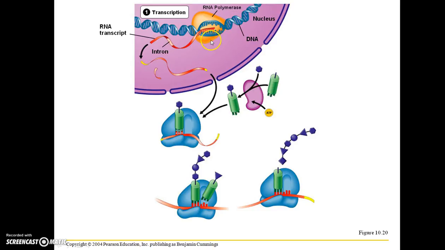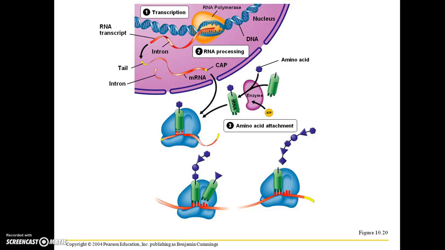We have a template DNA strand being used in the process of transcription to make an RNA molecule. Outside of the nucleus, we have the process of translation, in which case the RNA is actually translated into a protein.